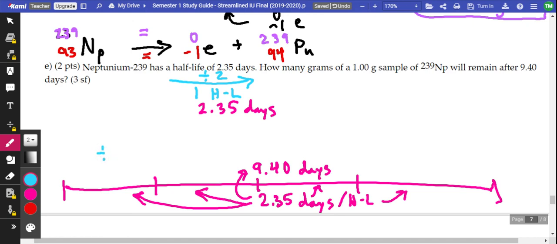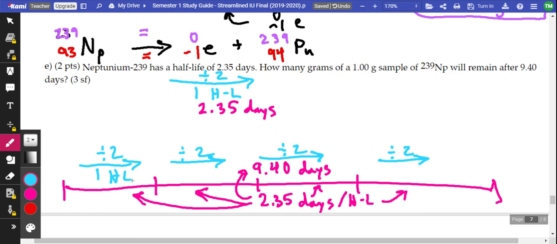So I'm dividing by 2, dividing by 2, dividing by 2, and dividing by 2 for each half-life that we go through. This is our first half-life, this is our second half-life, this is our third half-life, and this is our fourth half-life.